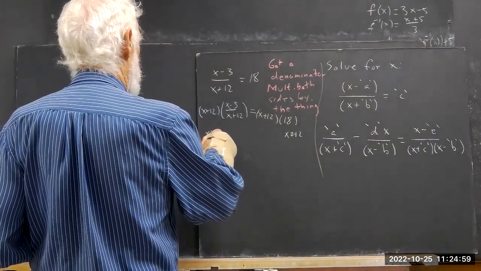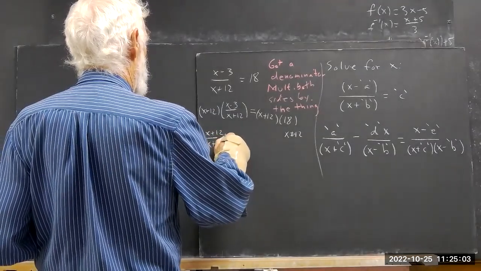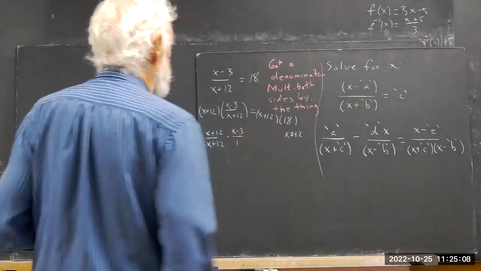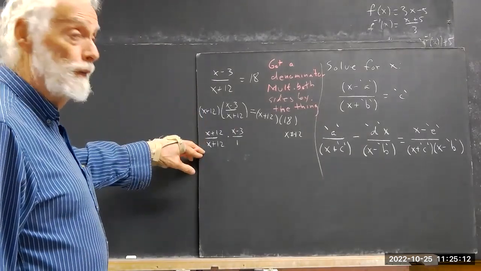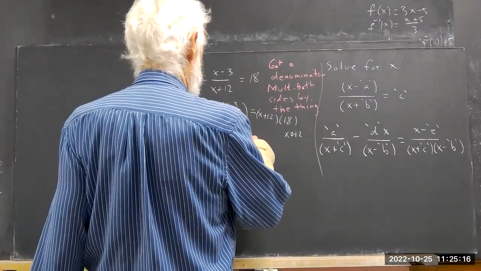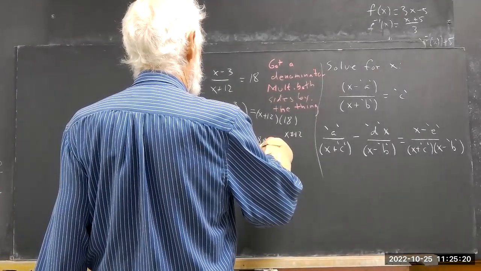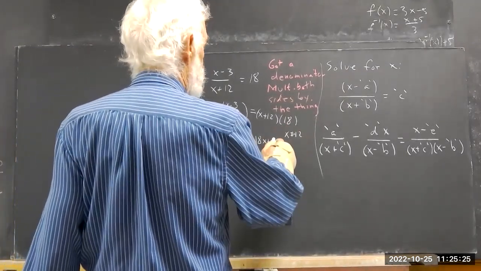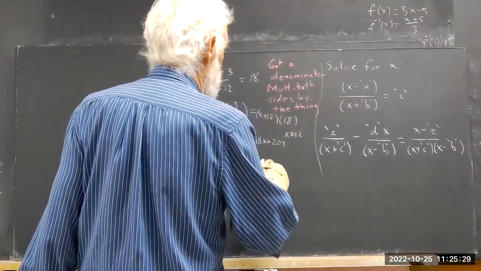Again, belaboring this step, we rearrange the x plus 12 over the x plus 12 instead of just crossing things out, and we get 18x plus going to be 108, that's 204. 180 plus that's 206.